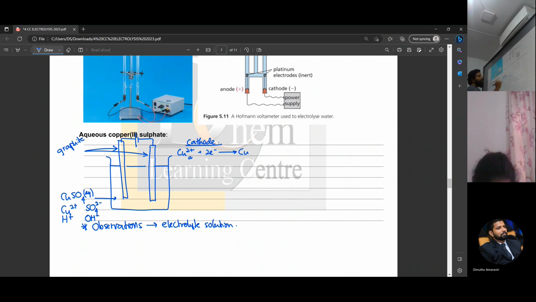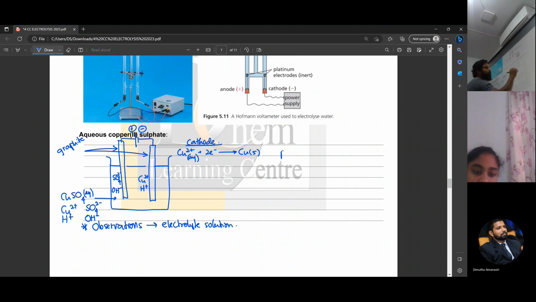Then let's put physical states: aqueous will become solid. Copper 2 plus, H plus on one side, sulfate ions, hydroxide ions. Then you decide the reason: copper is less reactive than hydrogen, right?